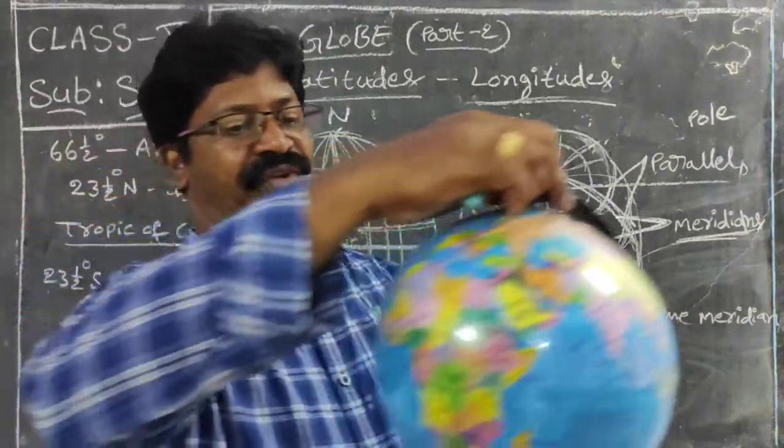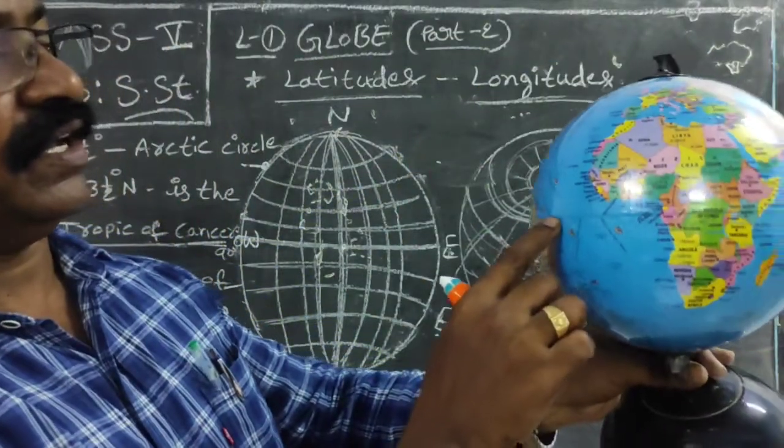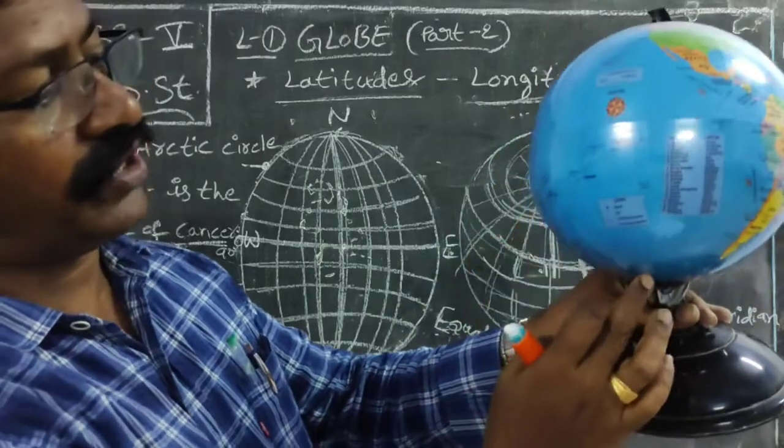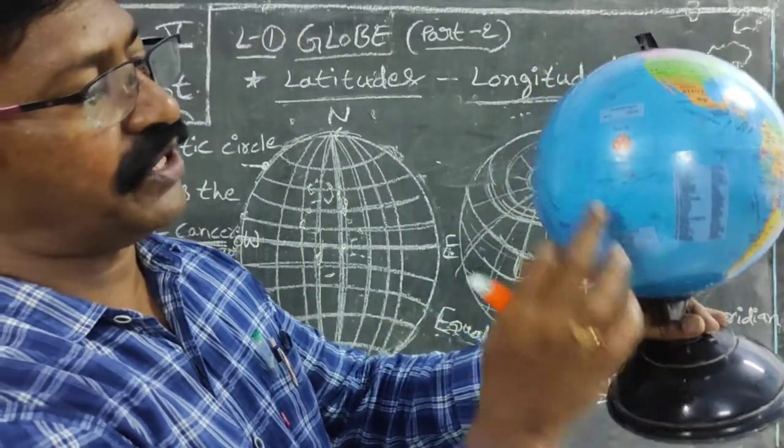You can see this is the equator. It divides the earth into two equal parts: the northern hemisphere and the southern hemisphere.